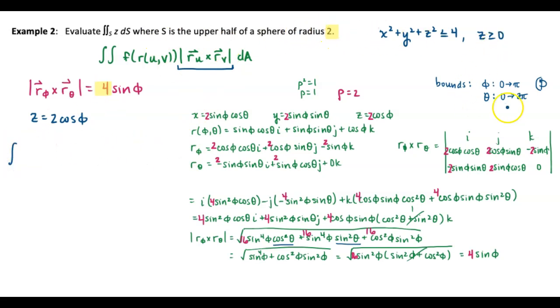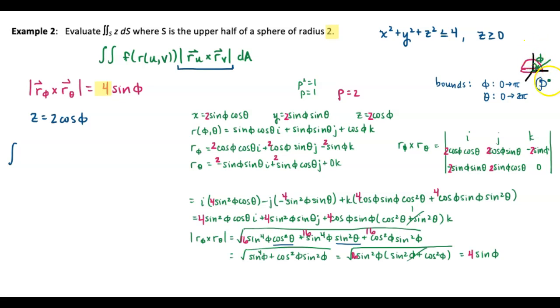And let's talk about our bounds really quickly, because now we have half of a sphere, and so we've got something that looks like this. Our phi is going to be this angle. This is our phi.